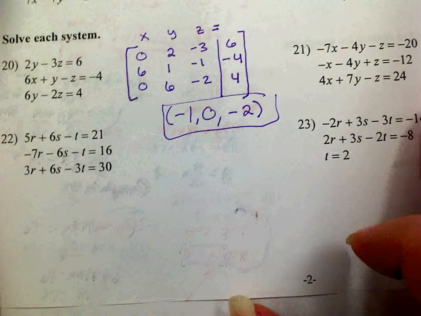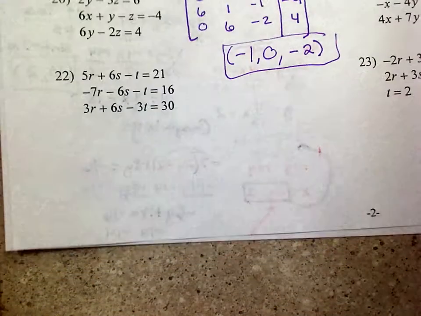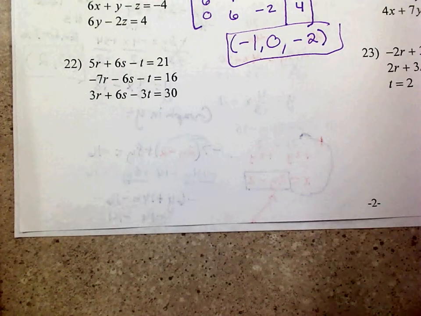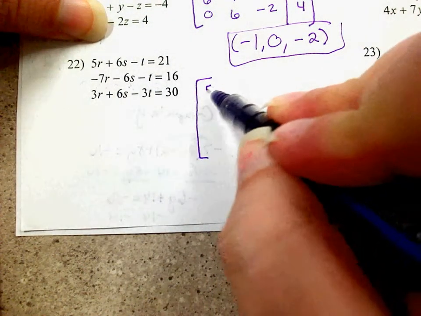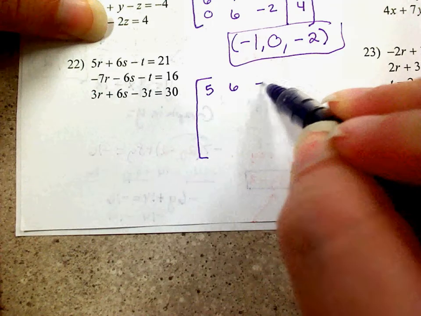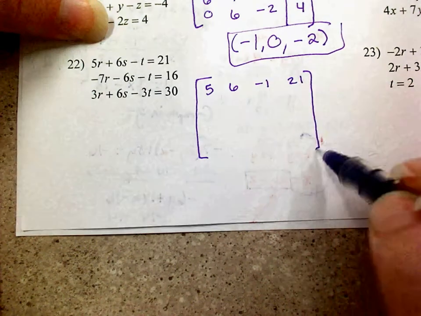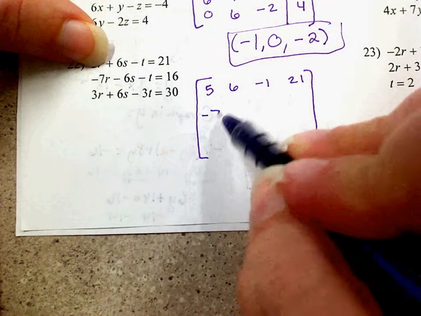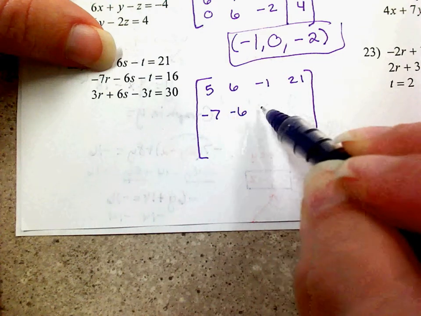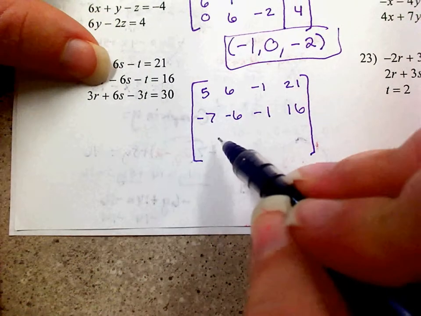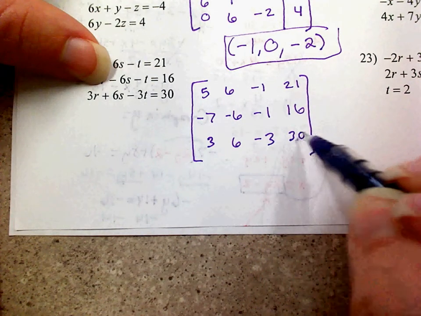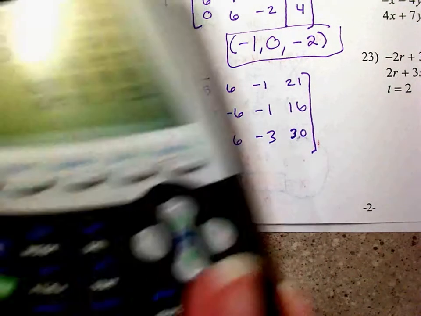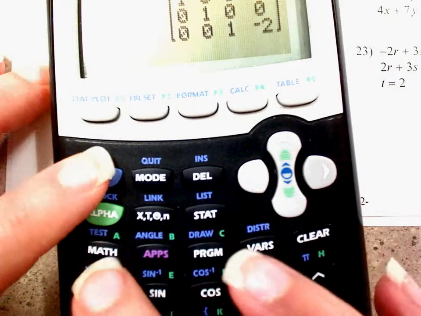Okay, so as far as like the matrix goes, what numbers? -7, -6. Okay, so let's do it one more time. How do I get in there? Second matrix, over to math, right?